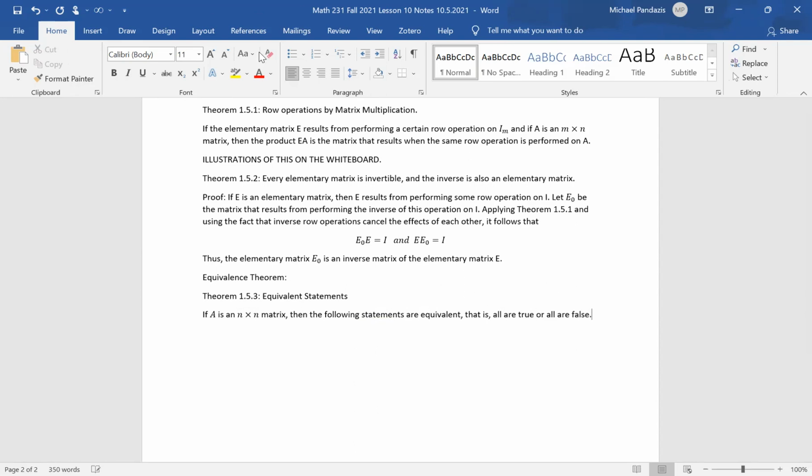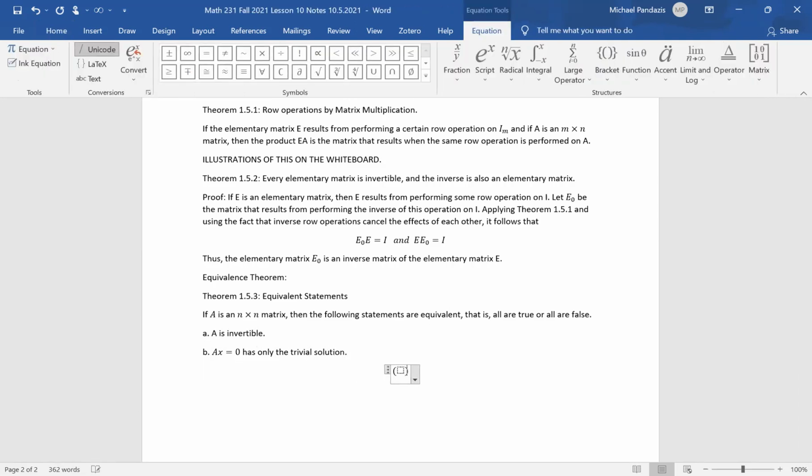Okay? Saying statements are equivalent is saying they're all true or all false. They're all the same in truth values. So statement A is that a matrix A is invertible. Statement B is that the equation AX equals 0 has only the trivial solution.